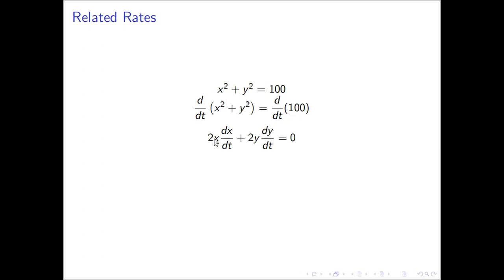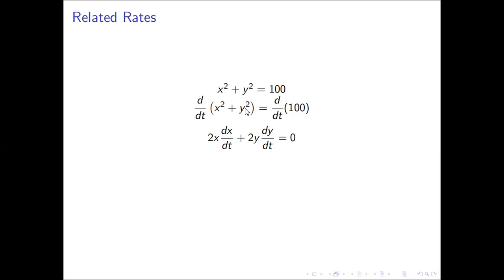But since time now is the independent variable, you multiply by the derivative of x with respect to time. Okay? We are no longer differentiating with respect to x. We are differentiating with respect to time. Both x and y are changing with respect to time. So both need the chain rule, so that we can properly get their derivatives with respect to t.